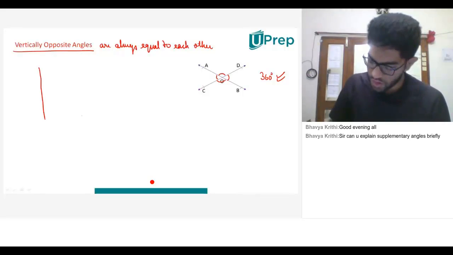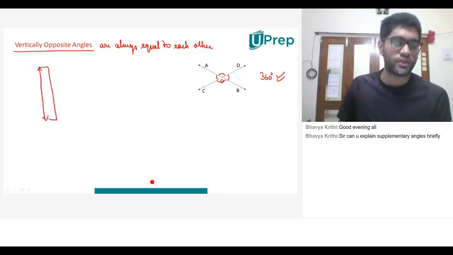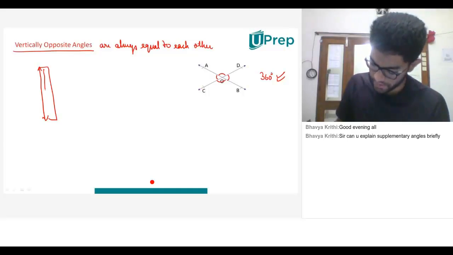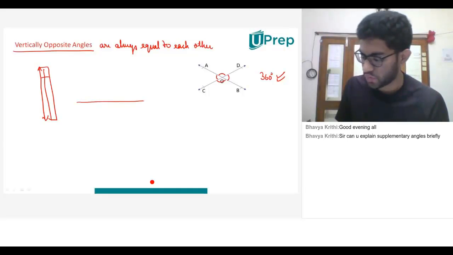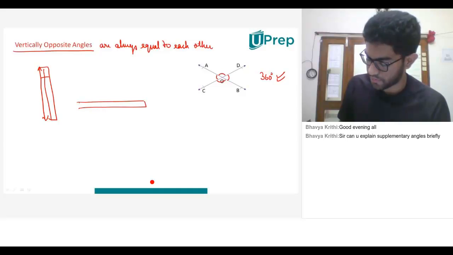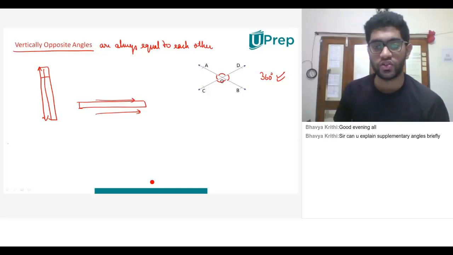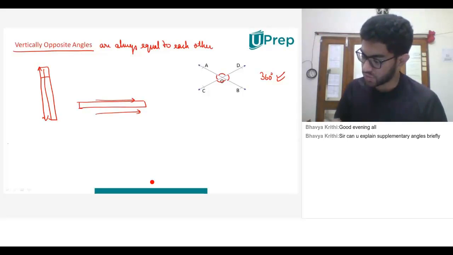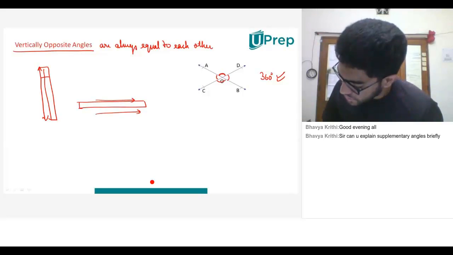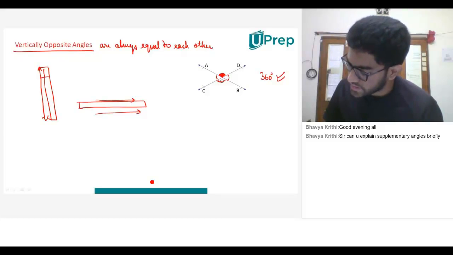Guys, what is this? Is this building vertical or horizontal? Vertical. Exactly. And what is this? Horizontal. Now when he says vertically opposite angles are equal, that means this angle is equal to the angle exactly opposite to it.